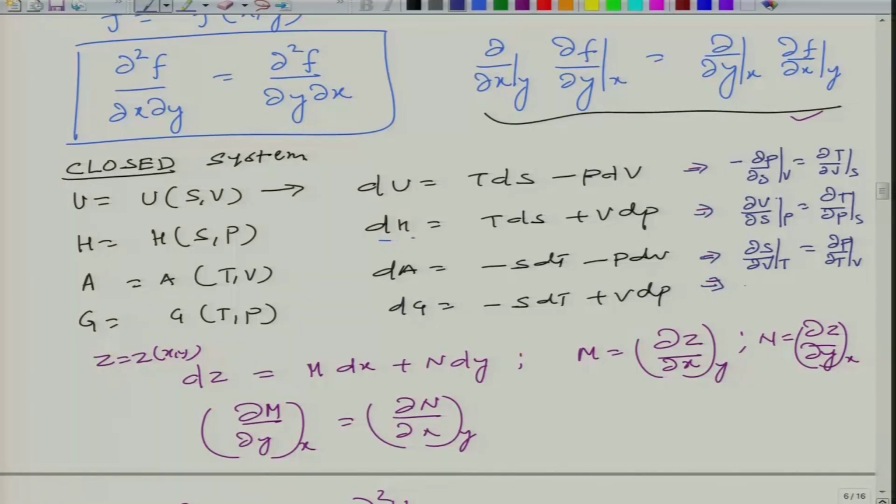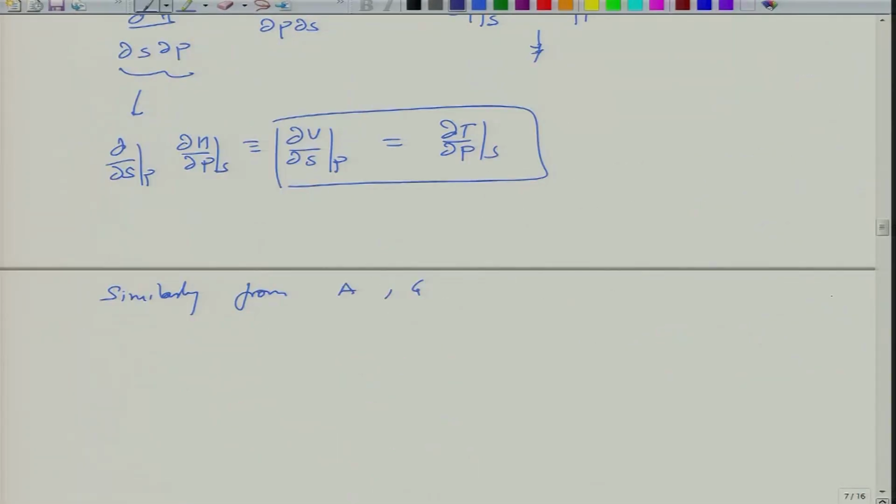Similarly, I get del S by del P at constant T, which is nothing but del V by del T at constant P with a negative sign. So these are the four relations which I can obtain from this differential form. That is the four Maxwell relations we have obtained.